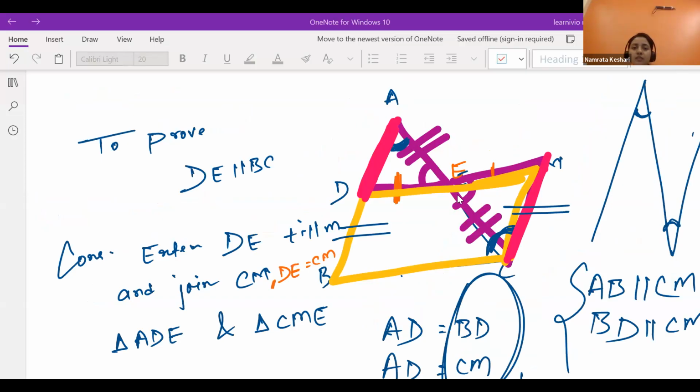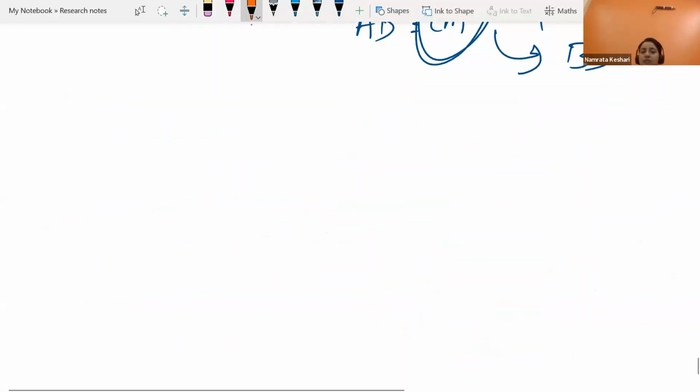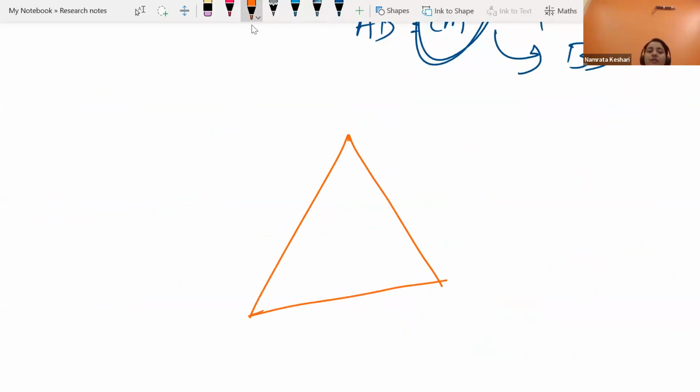Yeah. I am saying that the theorem says that if you are having a triangle ABC, suppose D is the midpoint, it is given over here that D is the midpoint of AB.